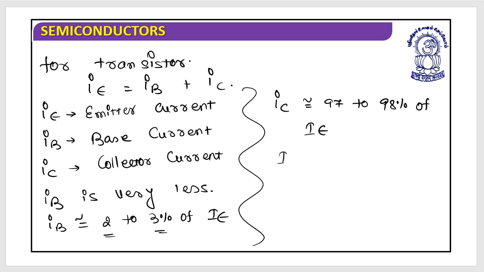So we can understand that IE is approximately equal to IC, and let's treat this as the input current and this as the output current. In reality, IE is on the input side of the circuit, while IC, the collector current, is on the output side of the circuit.